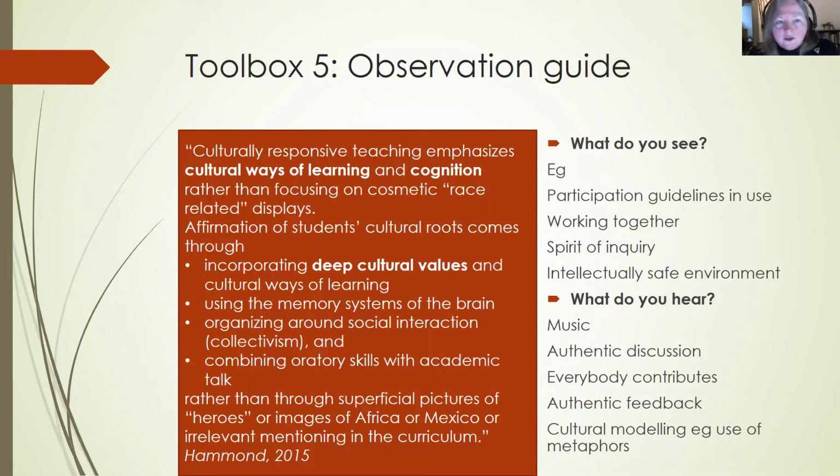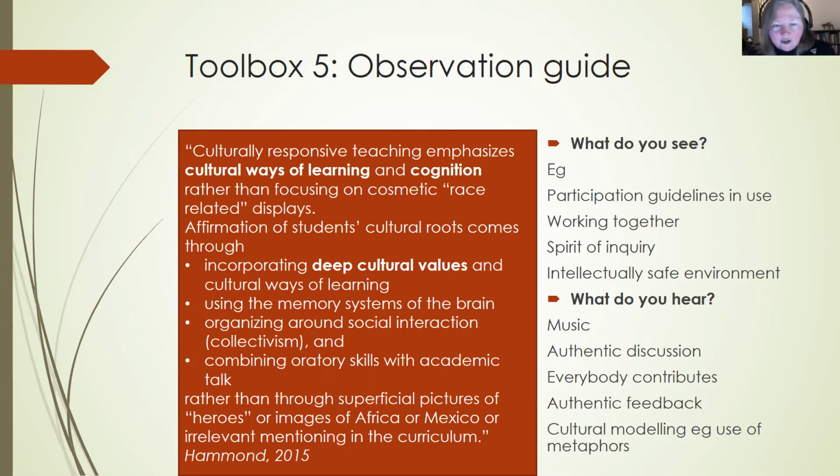So Hammond is talking about recognizing and affirming students' cultural roots, through incorporating deep cultural values and cultural ways of learning, using the memory systems of the brain, organizing around social interaction, and combining oratory skills with academic talk.